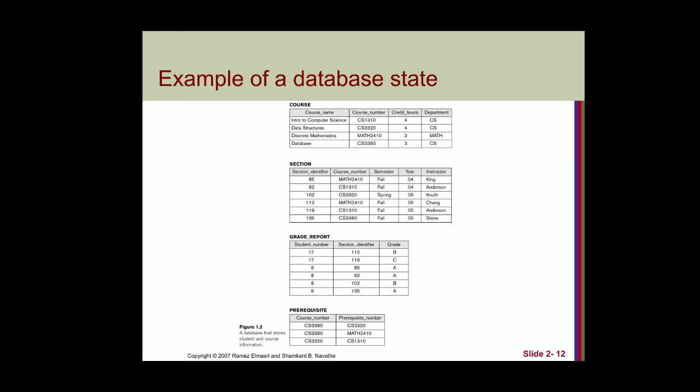For the course, we have 4 records stored: Introduction to Computer Science, and the full thing, it is 1 row. Then we have data structures, discrete mathematics, database row. All the rows constitute the database state. So this represents the database state, which is nothing but what values we have stored at a particular instant.